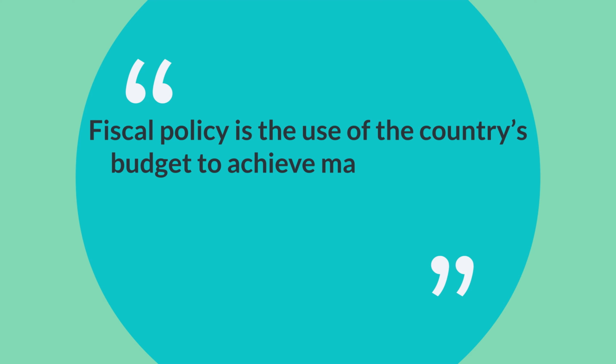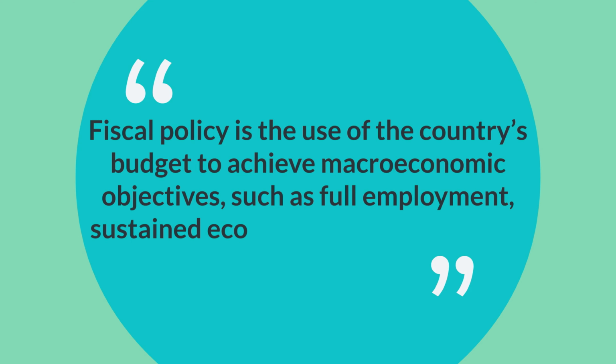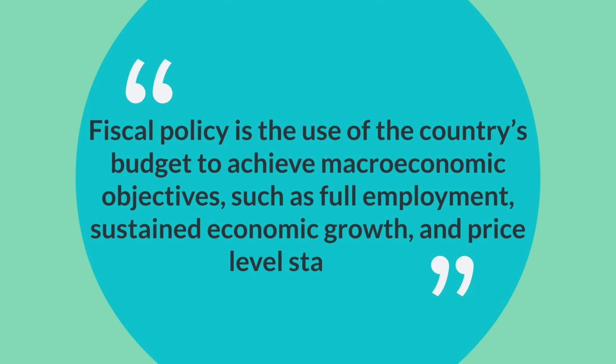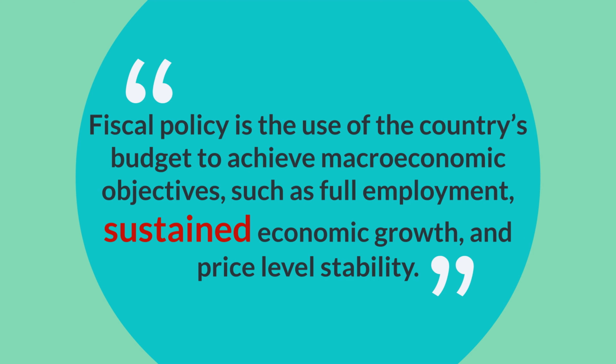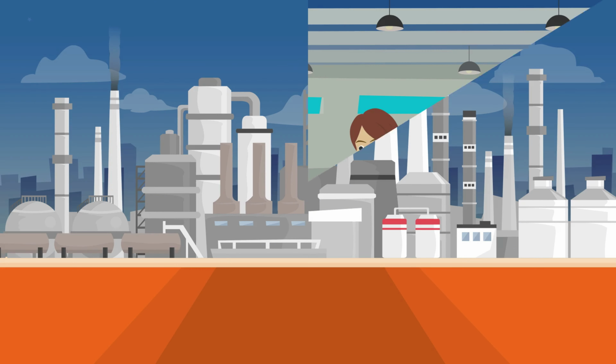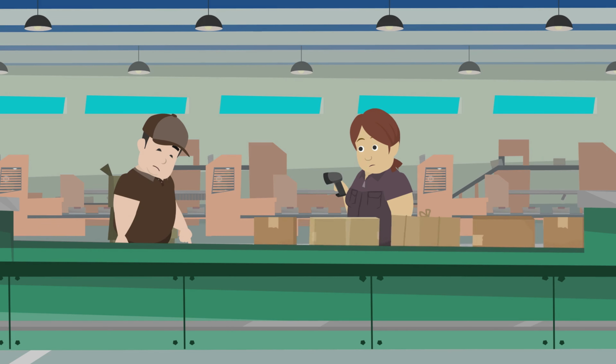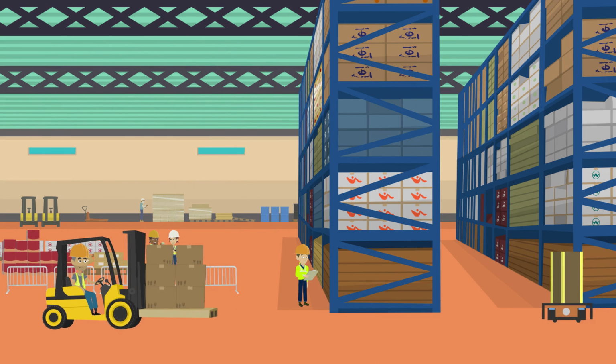Fiscal policy is the use of the country's budget to achieve macroeconomic objectives, such as full employment, sustained economic growth, and price level stability. And the key word here is sustained. As much as positive the term economic growth sounds in general, it's not exactly the case of the more the merrier. When economic growth reaches certain levels, the economy becomes what we call overheated.